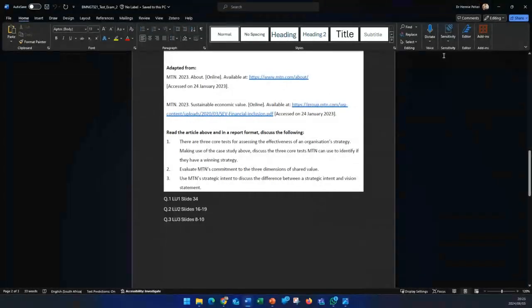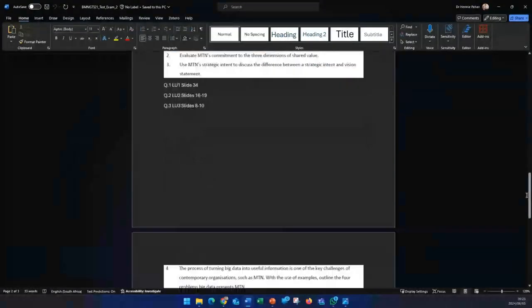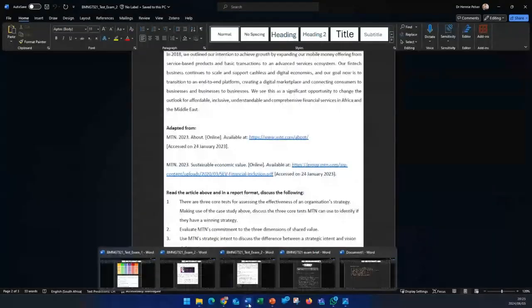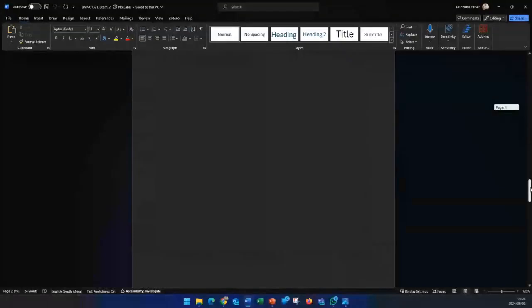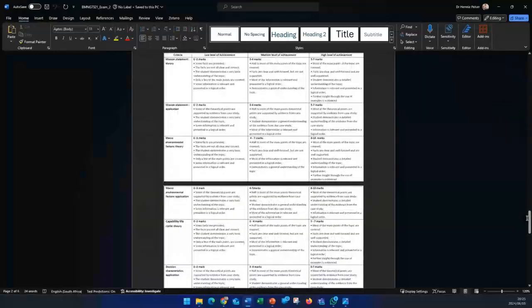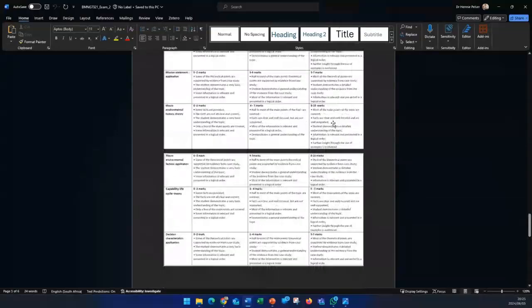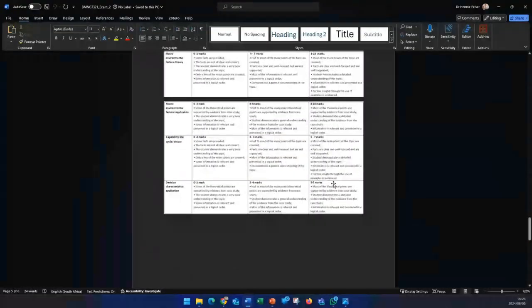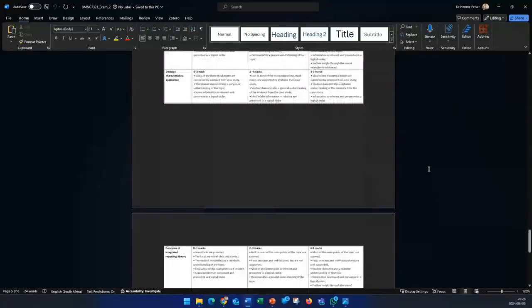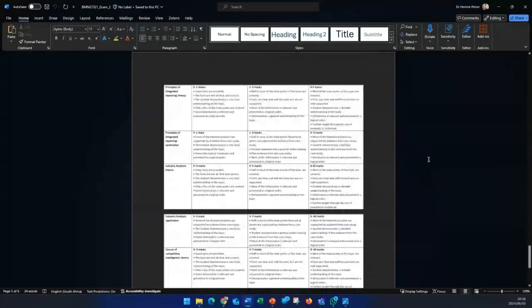In terms of the mark allocation, let me find one. If they are nice to us, they will try to give us equal allocations to these marks. But you can see the macro analysis gets a lot of marks, and then the other one is Porter's analysis.